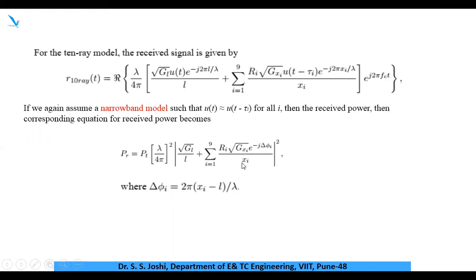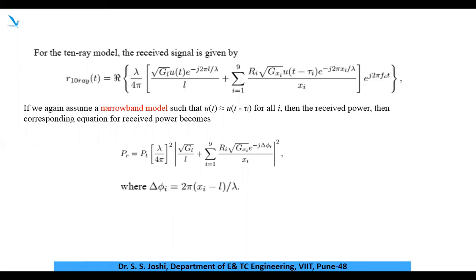Don't bother about this equation. Just understand the meaning of each and every term. The terms are the same: transmitter antenna, receiver antenna, rotation, distance, and the multiple paths of the signal. Now the very important term which comes here is the narrowband model. In the narrowband model, u of t is approximated by u of t minus tau i for all i.